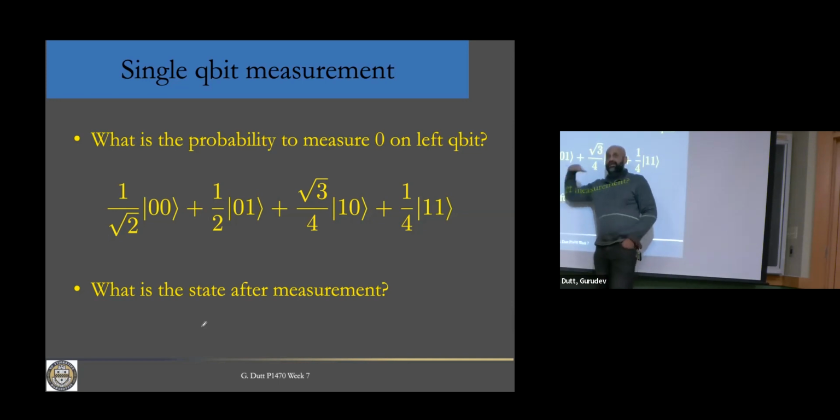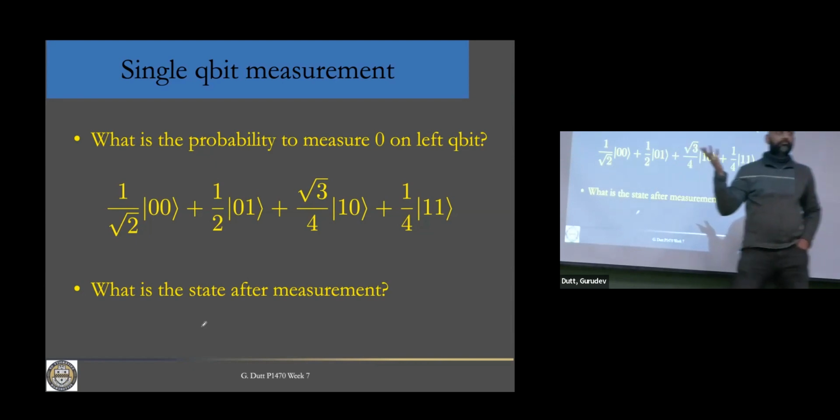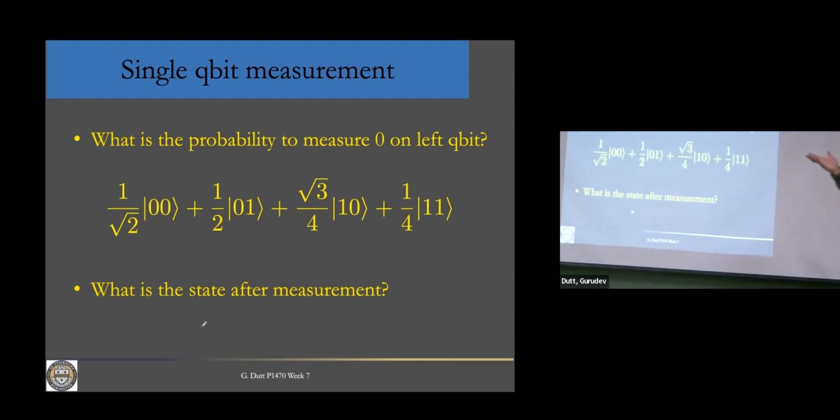Because if I'm ignoring the other qubit, whether it's 0 or 1 doesn't matter to me, right? Then I should only take those elements in the superposition which have a left qubit giving 0, which is the first two results over here. So 1/2 plus 1/4, so 75% of the time, I'll get a 0.